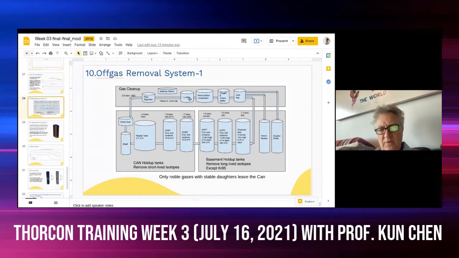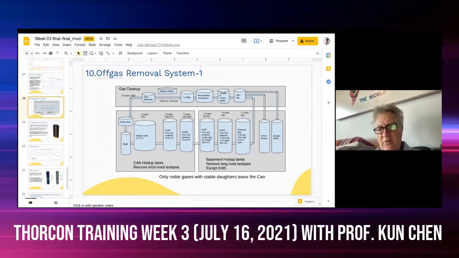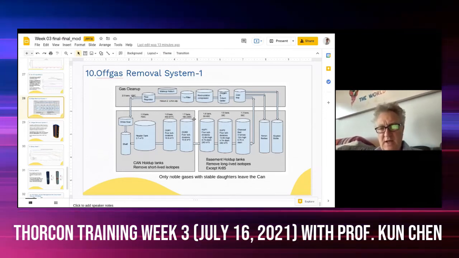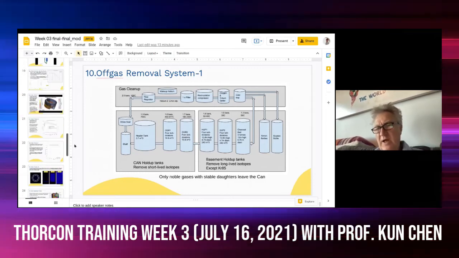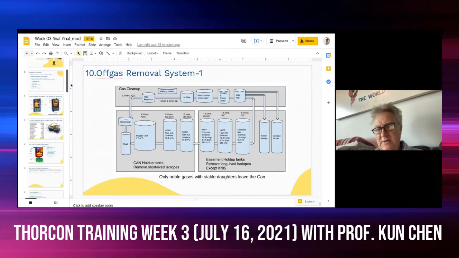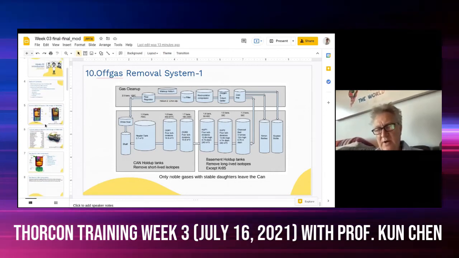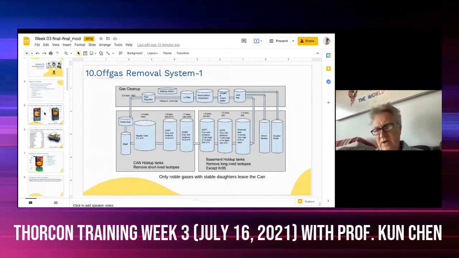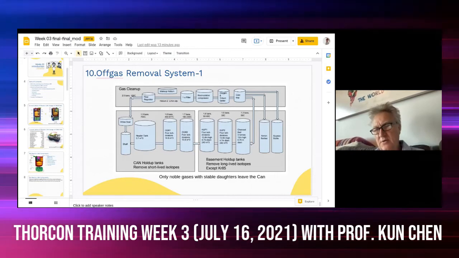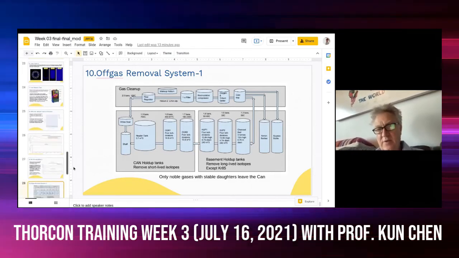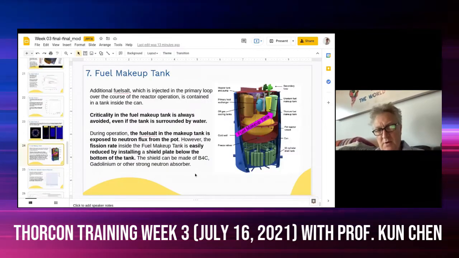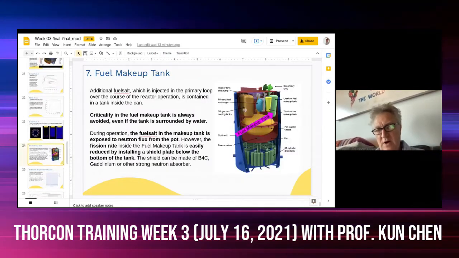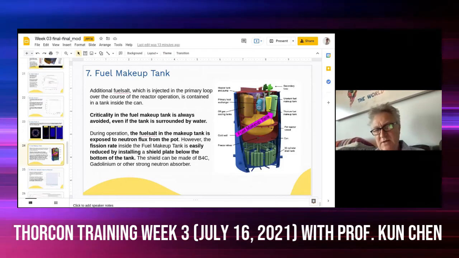So if you are containing all the radioactive daughters inside the can, the only thing outside of that is noble gases, which are ideal for dispersal and have almost no residence time in anything. If you breathe them in, you'll breathe them out again right away. So the major part of the off-gas danger is kept contained inside the can.